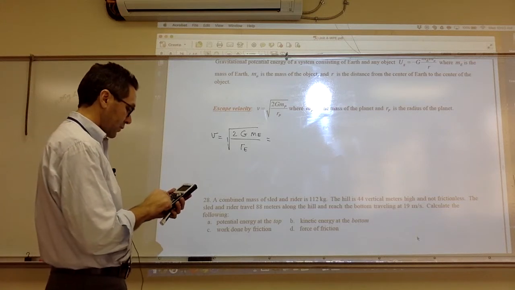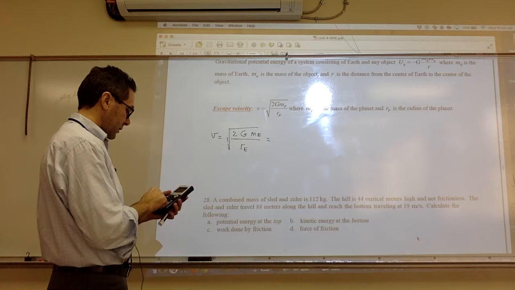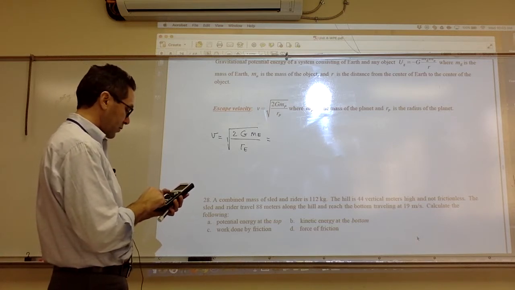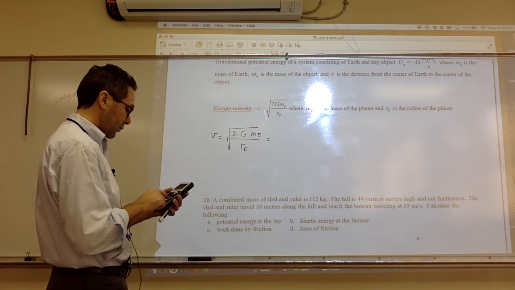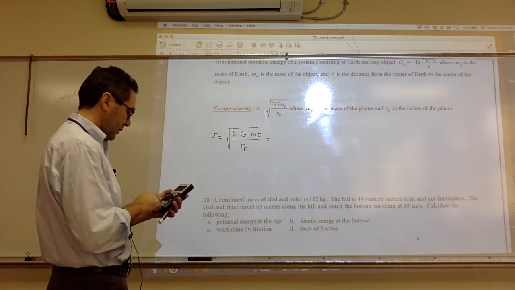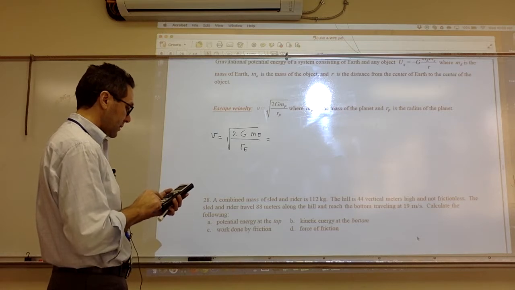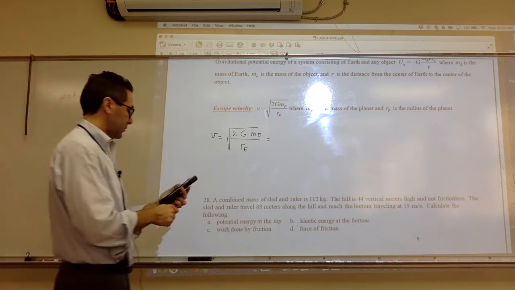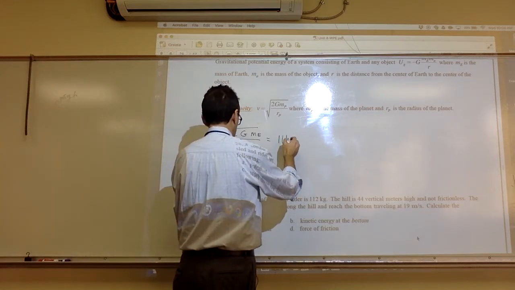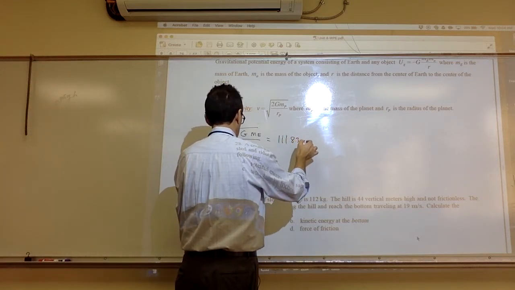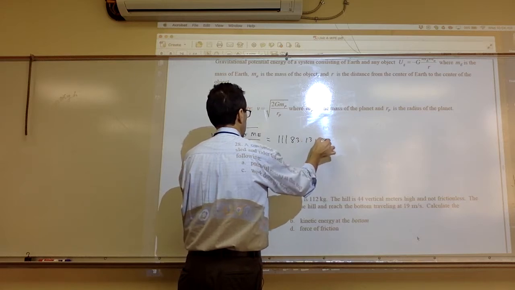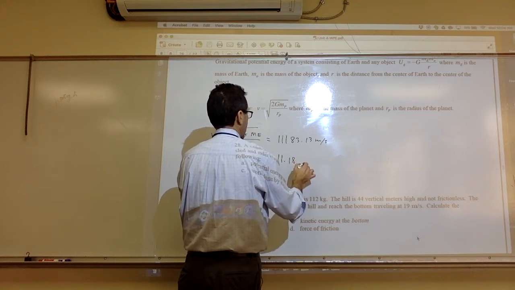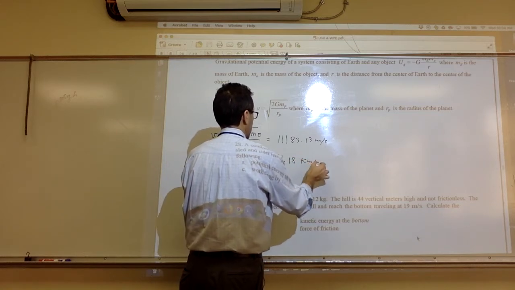So it's 2 times 6.67 times 10 to the negative 11 times the mass of the Earth, which is 6 times 10 to the 24th. Divide everything by 6.4 times 10 to the 6th, and you take the square root of that, and we should get 11183.13 meters per second, which is about 11.18 kilometers per second.